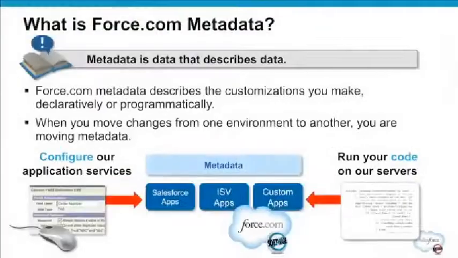And so with the Metadata API, we provide you what are essentially those XML definitions of the customizations that you've made. And it works hand in hand with you as a developer. You can take those definitions, you can check them into a source control repository, for instance, migrate your work from one sandbox environment to another. Or for that matter, some of you might be using Developer Edition to do your development.